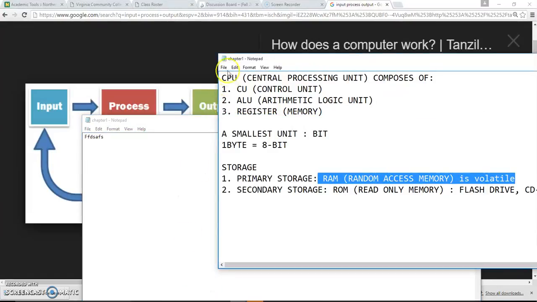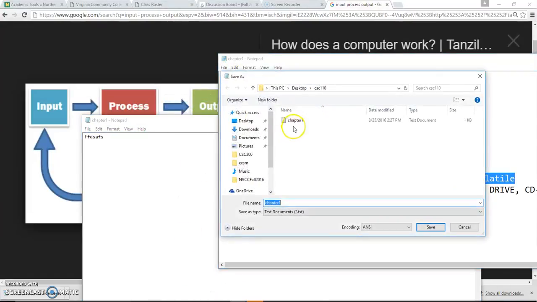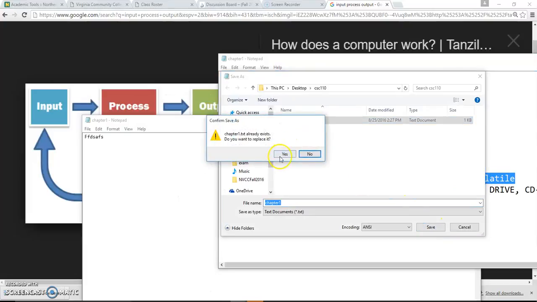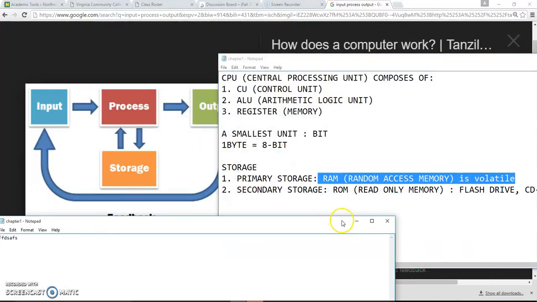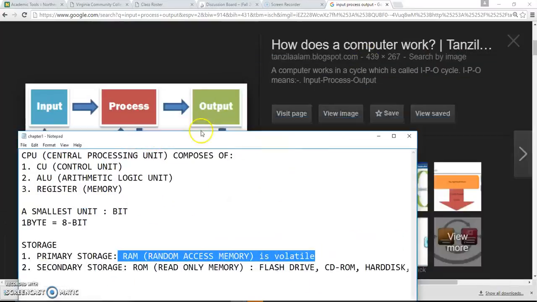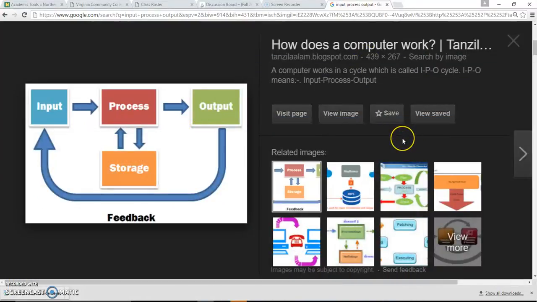Then I should be good, right? I don't have to worry that I'm losing it. Now I can close this, just like you don't have to worry if you happen to organize your notes from the scratch paper. If you jot down a phone number, you go back, you put it in your phone book, then you should be good, something like that, right? So that's comparing to the hard disk or secondary storage.